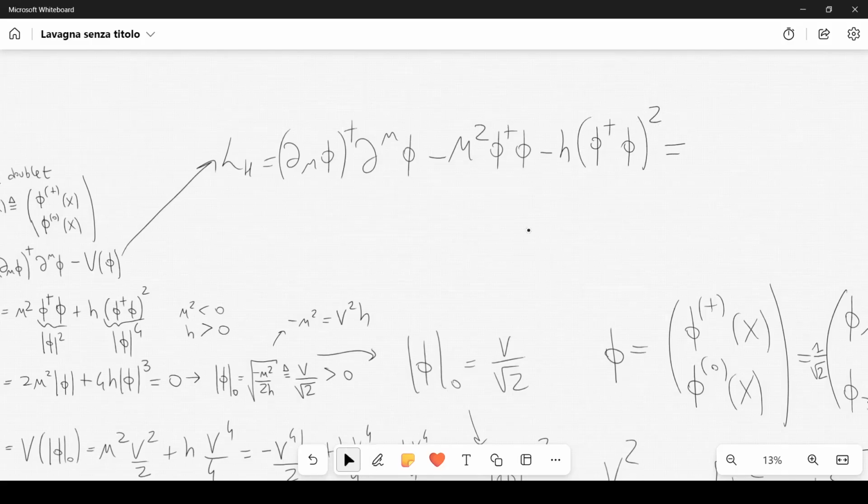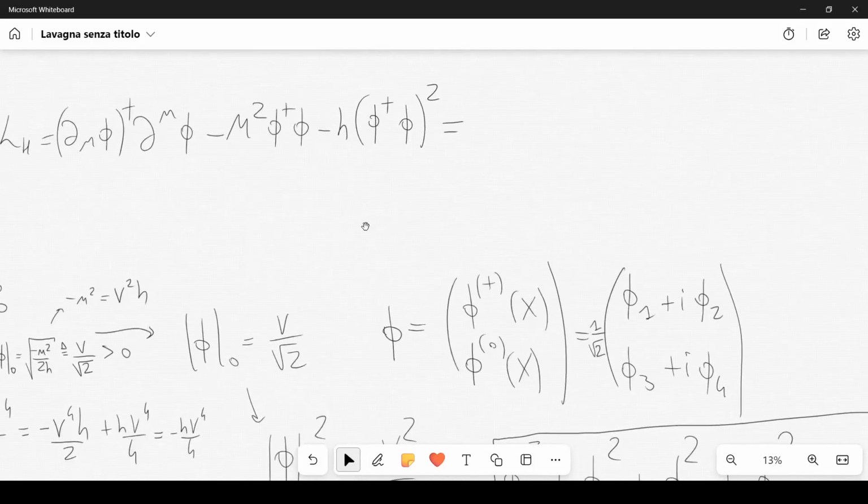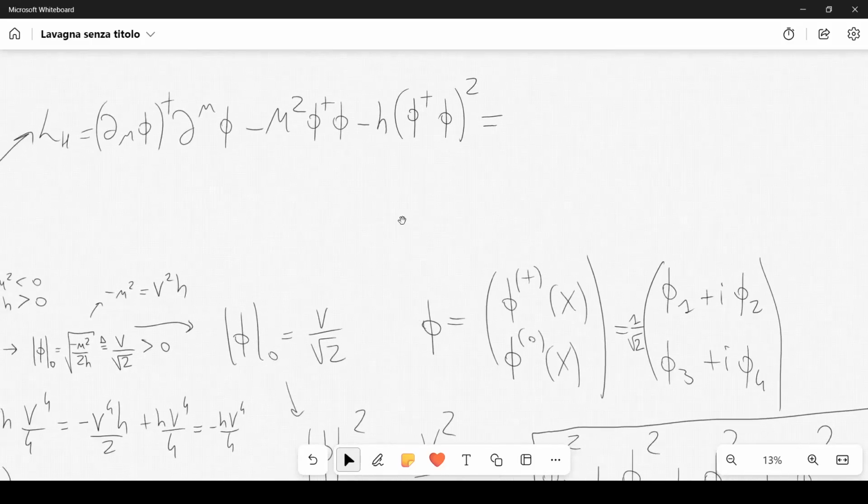This is equal to, now remember that in the neighborhood of the minimum energy state that we have chosen, φ is equal to 1 over square root of 2 times the vector (0, v+h). So we have broken the symmetry, and in the minimum state you have h equal to 0, so you only have 1 over square root of 2, and the vector becomes (0, v).